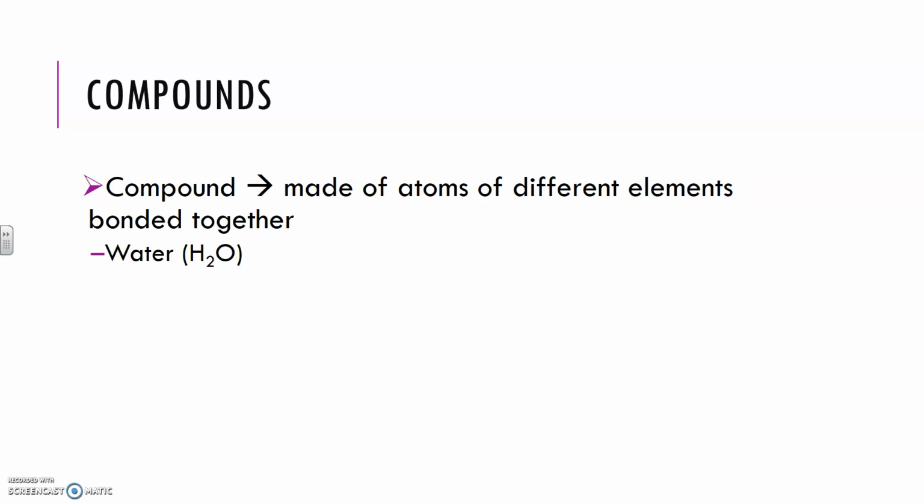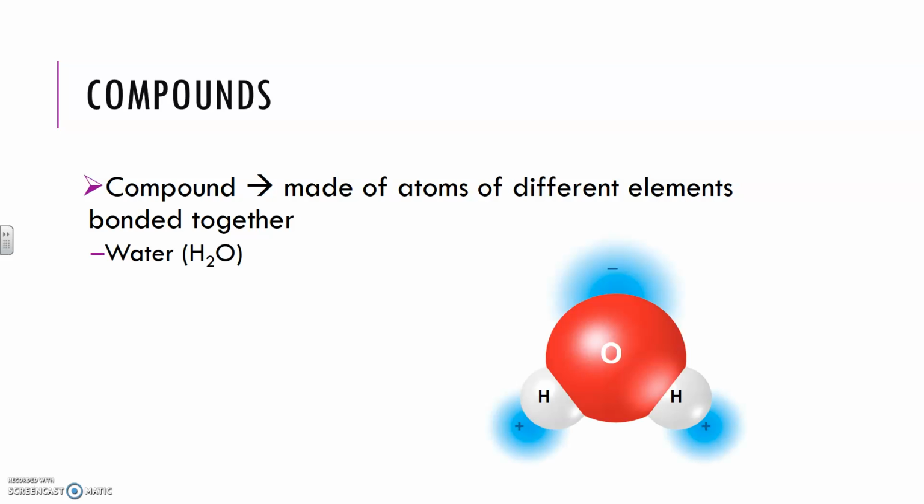For example, water, H2O. You're going to see this a lot in biology. It is one of the most important compounds when we start talking about life. And I keep saying life as we know it because there is that question about whether there is life on other planets, and whether it is going to look the same way that it does on Earth or be vastly different. On Earth, water is incredibly important for life.